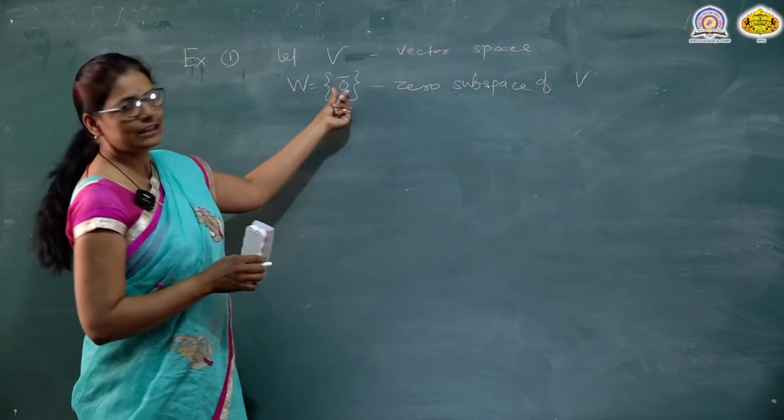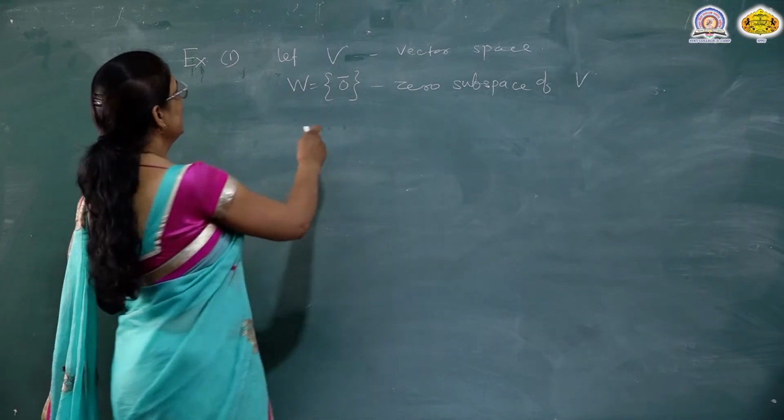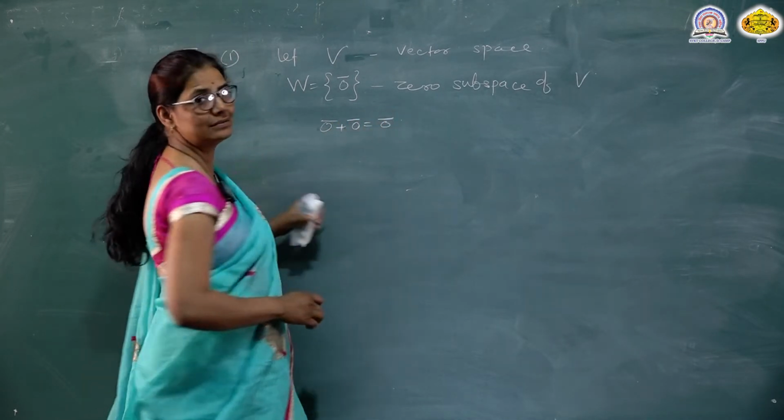Since there is only one element in set W, if we define the addition, 0 bar plus 0 bar equals 0 bar.